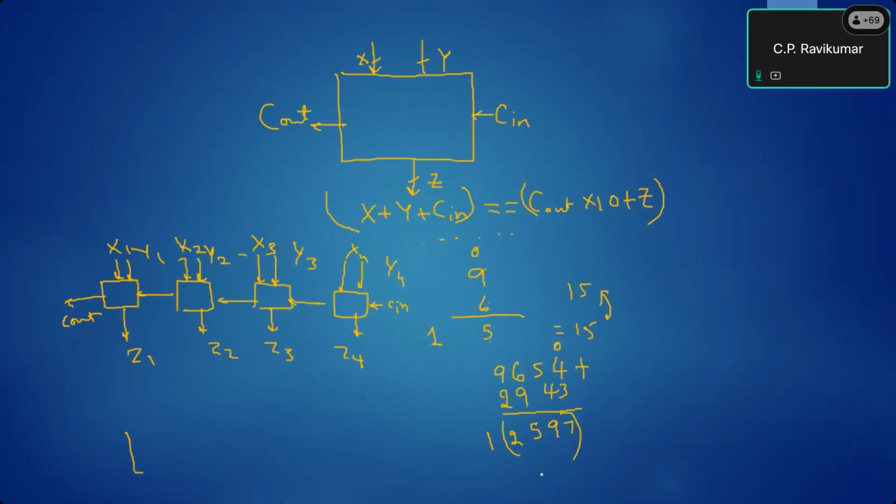So what should be the assertion that I should write to verify that the 4-digit BCD adder is correct?